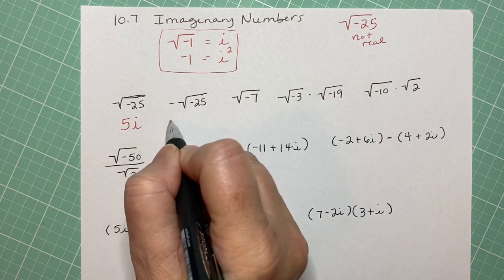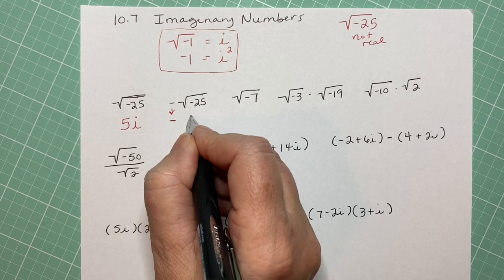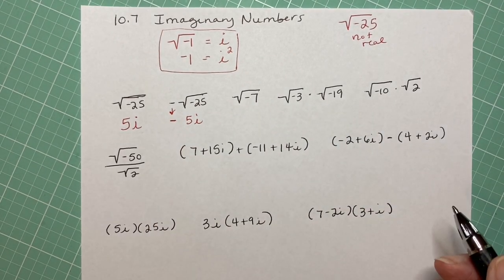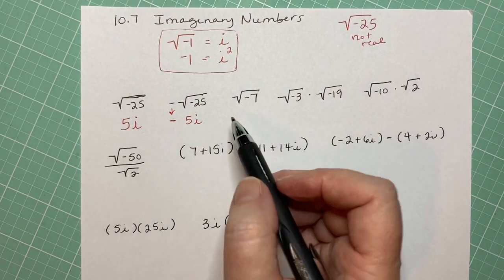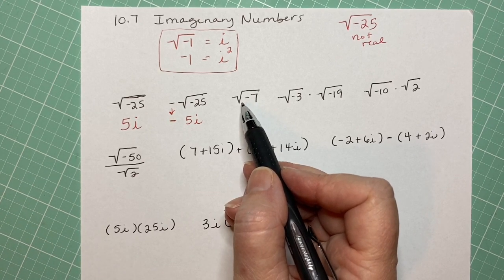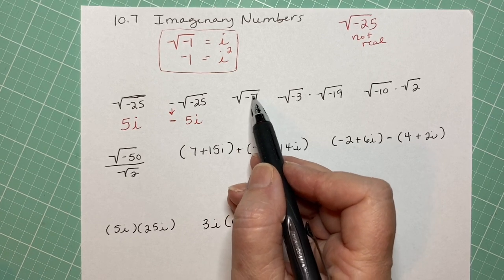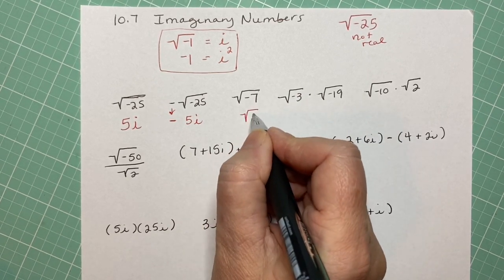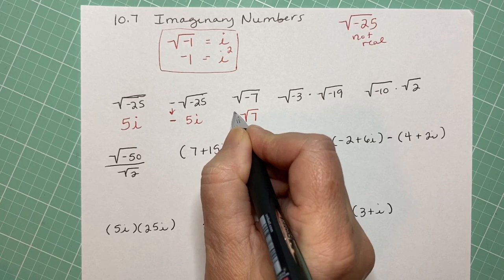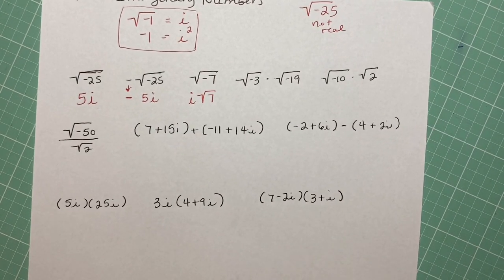This next one, the negative is out front, so that would just come down, and the square root of negative 25 is 5i. The square root of negative 7, we can't work with it if it's not real, so we've got to change it into an imaginary number. We don't know the square root of 7, so that stays 7, but the negative comes out as an i. So that becomes i square root of 7.